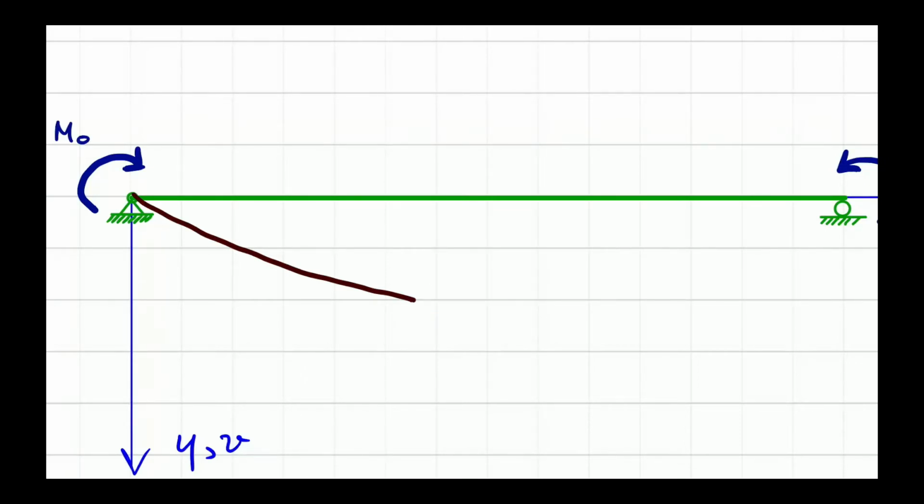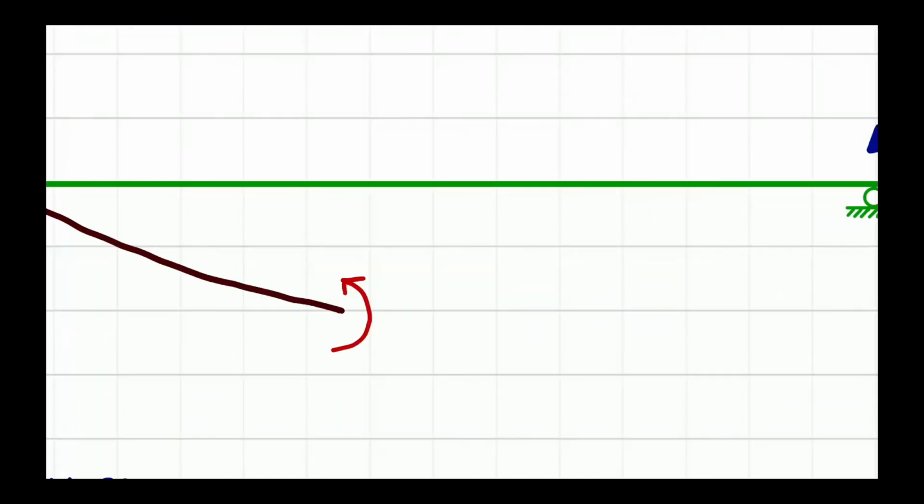So this is the bending moment that we have. It is given by the EI, and the I is I subscript X.